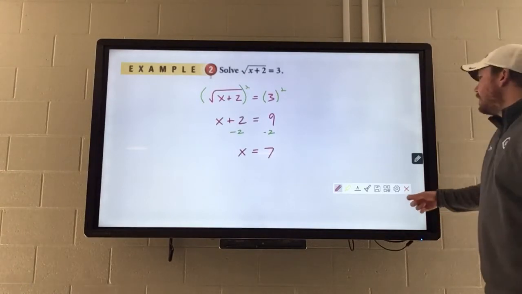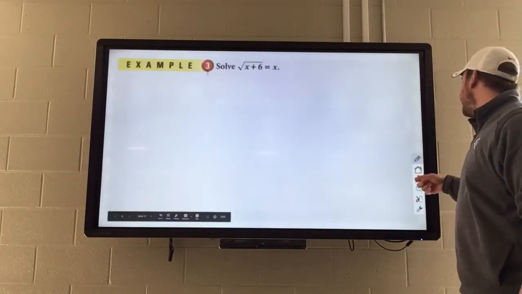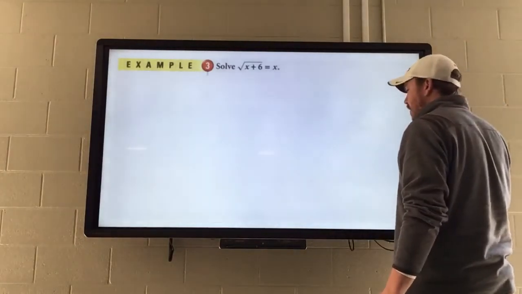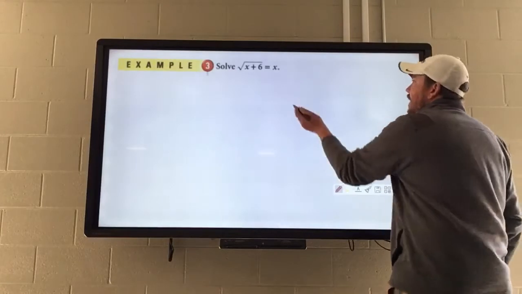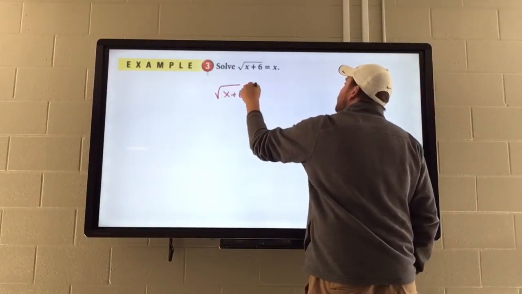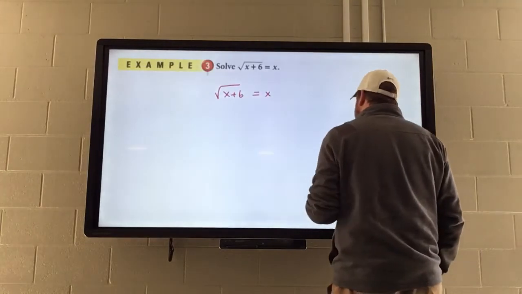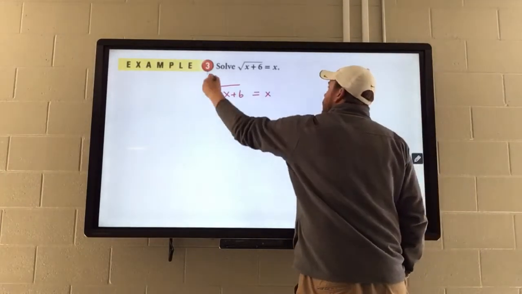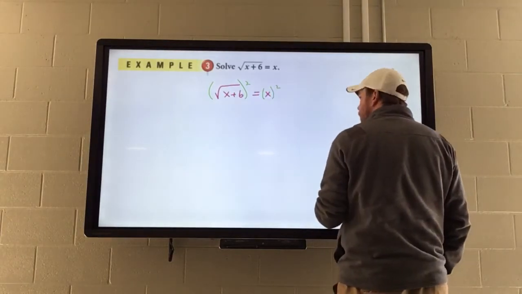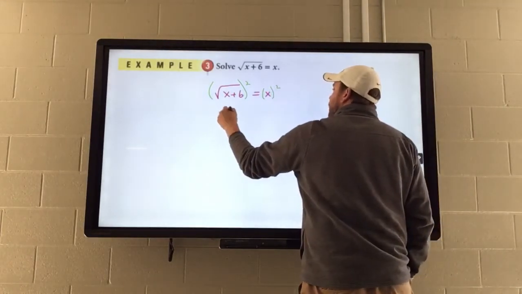Another example of how these might look is this. Square root of x plus 6 is equal to x. So this time, you probably see that we have an x on the other side. So, when we square both sides, we're going to end up with an x squared, or a quadratic.